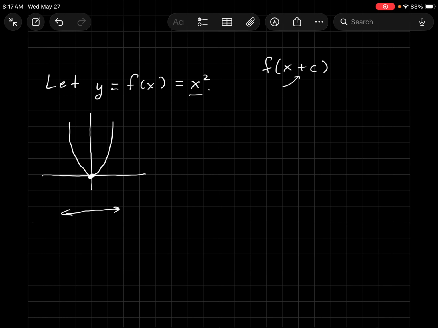So looking at this point here, we know that this is the lowest point on the graph. We know that y must be non-negative, greater than or equal to 0, because anything squared is greater than or equal to 0. Now, when does the function reach its lowest point? Well, it reaches its very lowest point, its minimum value, when x equals 0.